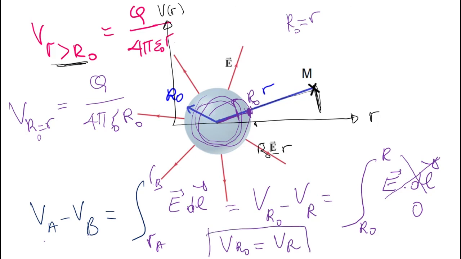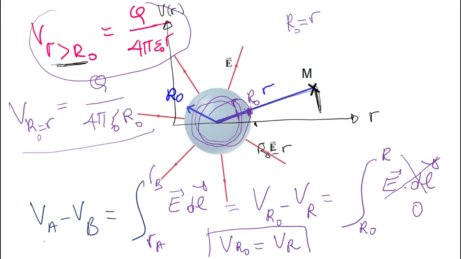That means outside the sphere, the electric potential will be Q over 4 pi epsilon 0 times r. At the limit, it will be just Q over 4 pi epsilon 0 R0. If r is less than R0, the electric potential also will be Q over 4 pi epsilon 0 R0.